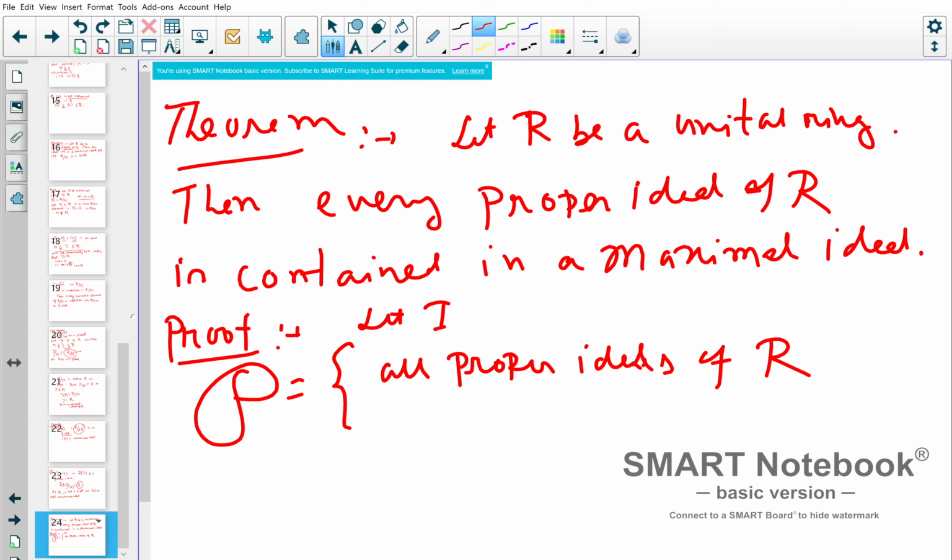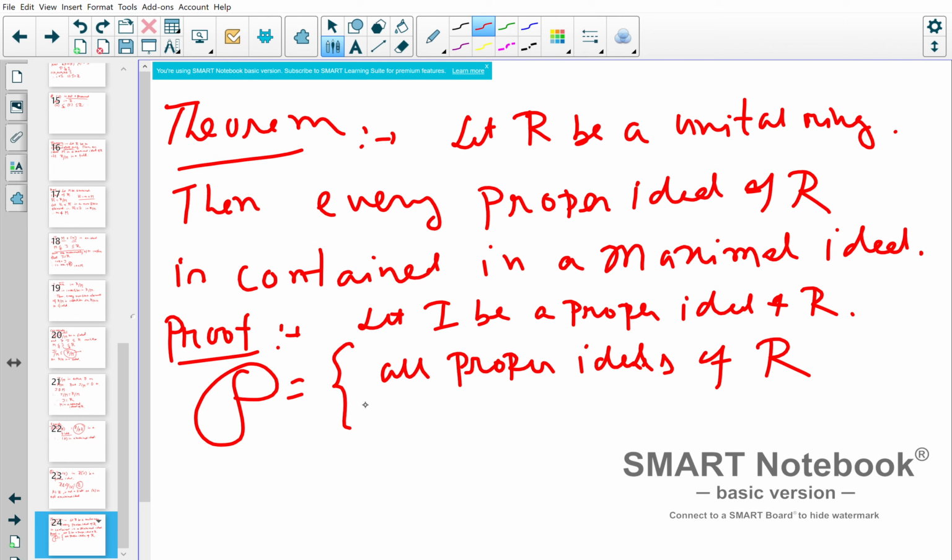So let I be a proper ideal of R, and I need to show that I is inside some maximal ideal, right? So what I am doing is finding a poset where I can use Zorn's lemma.